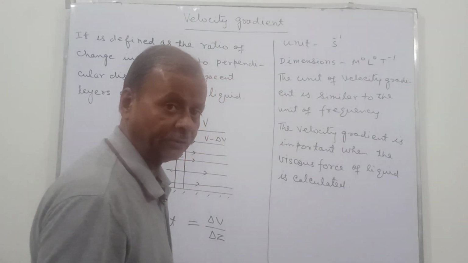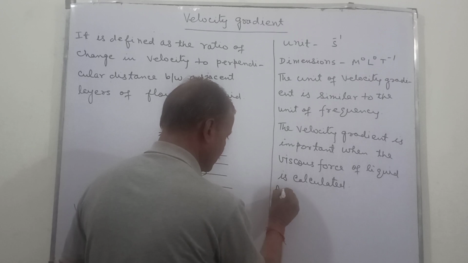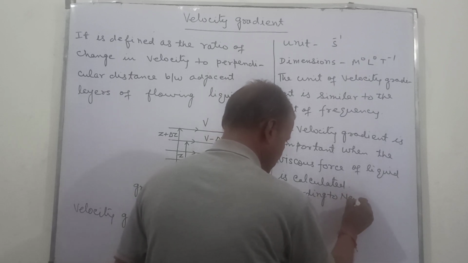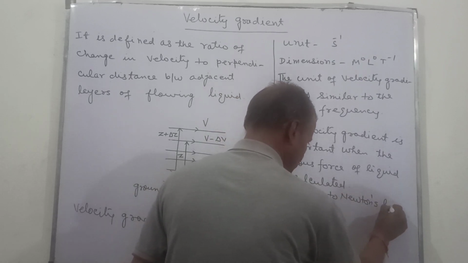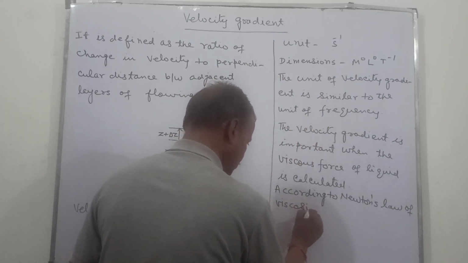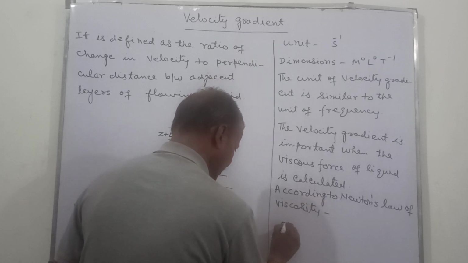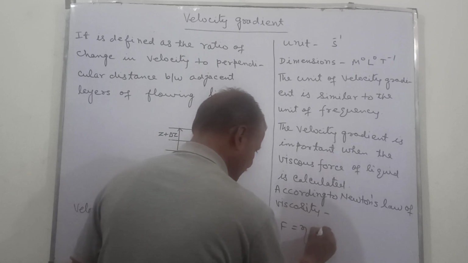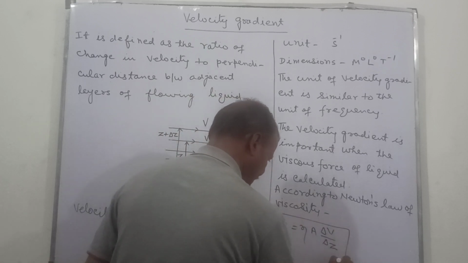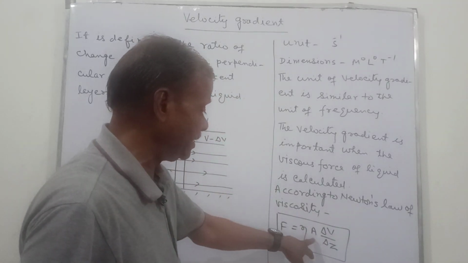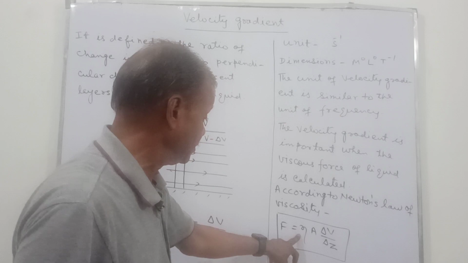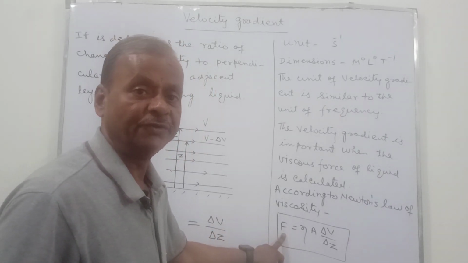For example, you can have the Newton's law of viscosity, F is equal to eta A delta v upon delta z. So when we know the area of the layer, and the velocity gradient and the coefficient of viscosity, then we can find what will be the viscous force.